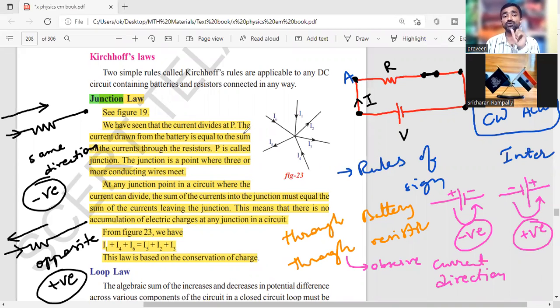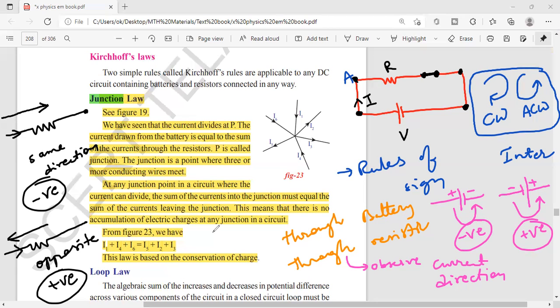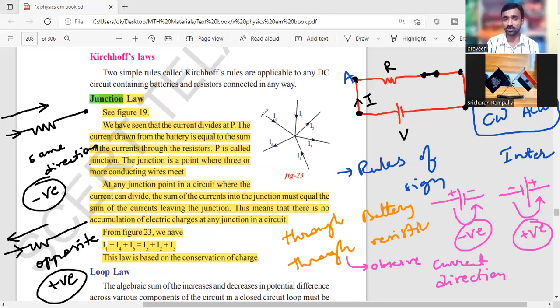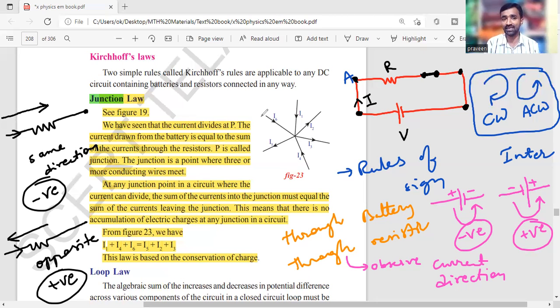To write that expression, you need the rules of sign convention. I already gave you those rules on the screen. If you follow these, writing the mathematical expression for the given loop is very easy.